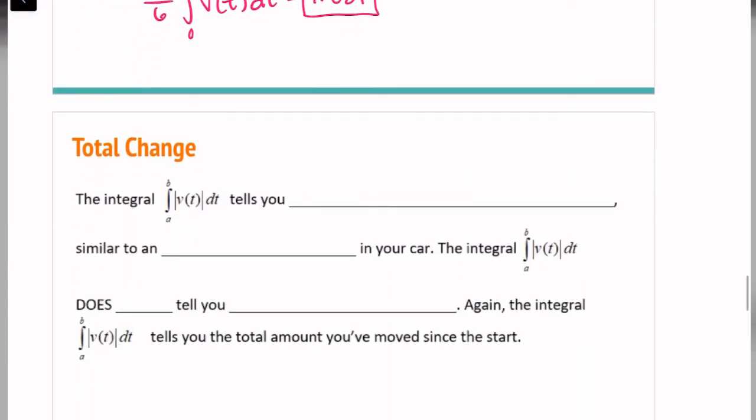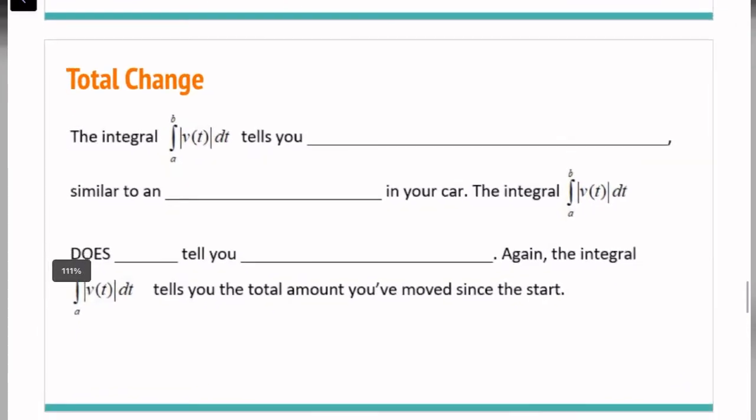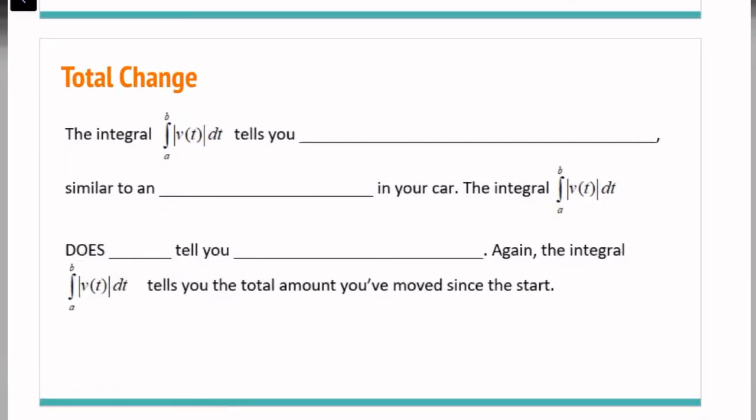All right, last topic, and then we will be done with our notes for this. So total change. Now, we have to remember that every time we did net change, we took into account when we moved backwards. Total change we're going to talk about is similar to an odometer. Whereas if you're in a car, whether you drive forward or backwards, it's always going to be added on to that odometer.